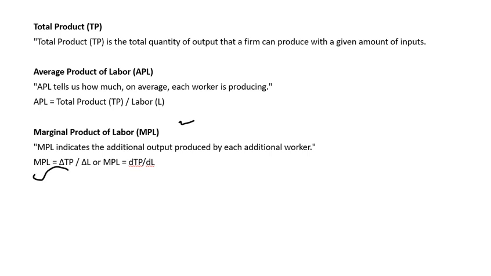MPL can be calculated as the change in total product over the change in labor, or if you have a function, you can use this formula. MPL equals the derivative of total product with respect to labor.